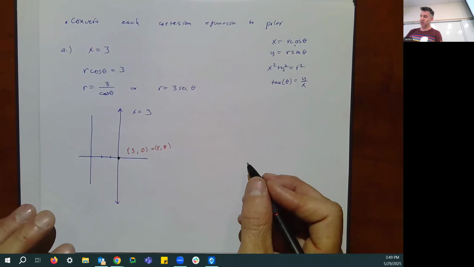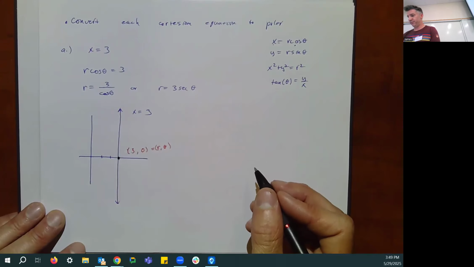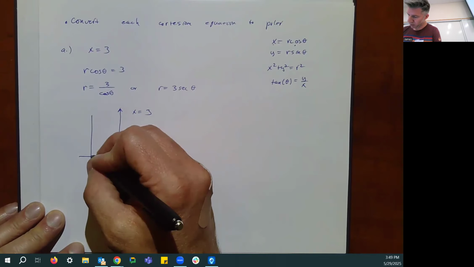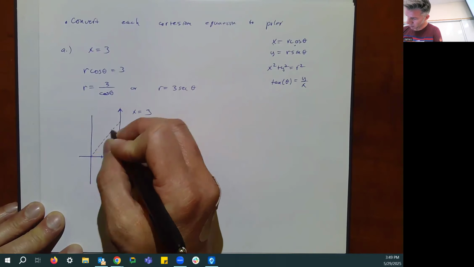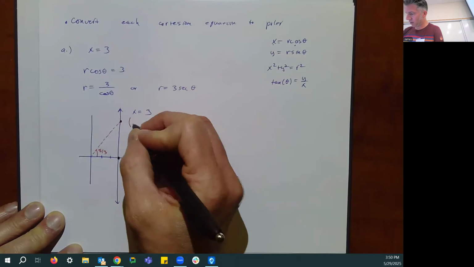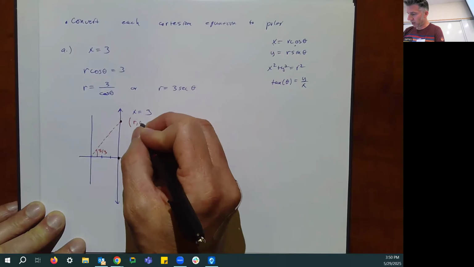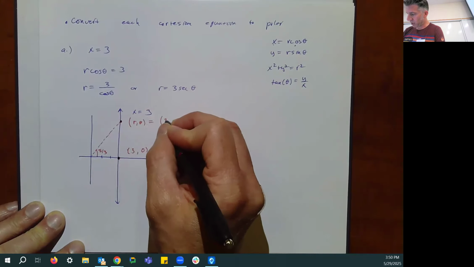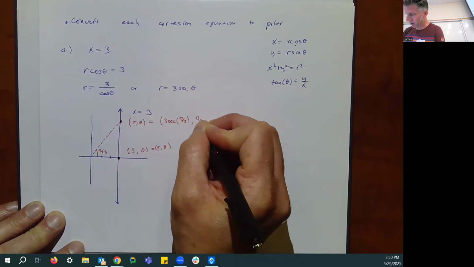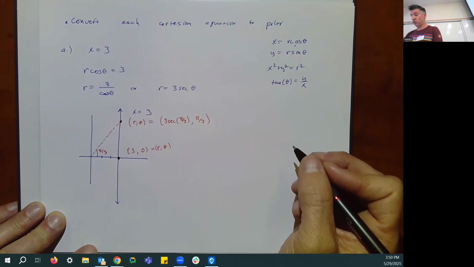And then if your angle was something like, sure, pi over 3, that point right there is going to be r comma theta, which is 3 secant of pi over 3, comma pi over 3. Secant of pi over 3 is 2.